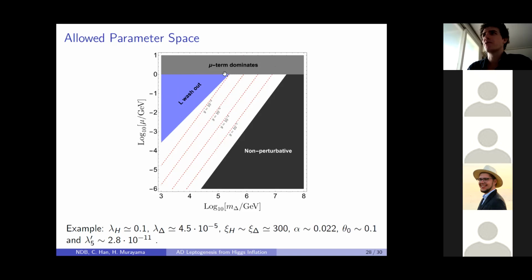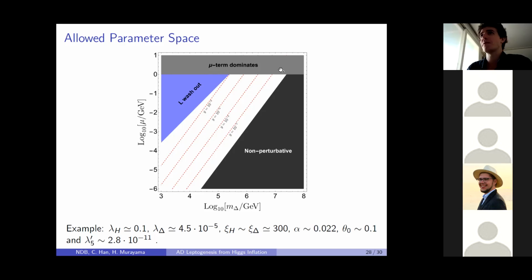Throughout the discussion, I've assumed that this mu term is not dominant over the lambda 5 term during inflation and reheating. Part of the reason is that if the term is very large, it can begin to affect the inflationary epoch, and it also causes significant oscillation and loss of predictability in the net lepton number asymmetry.